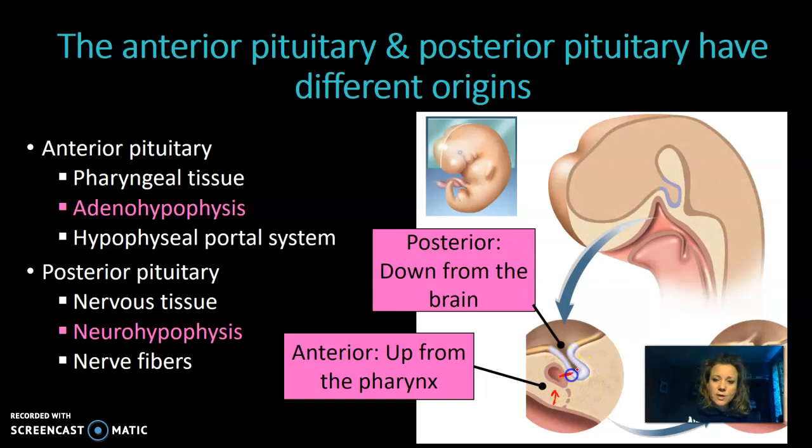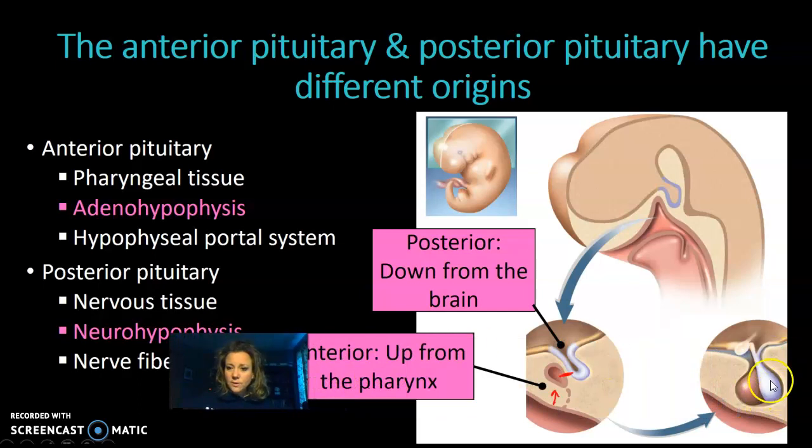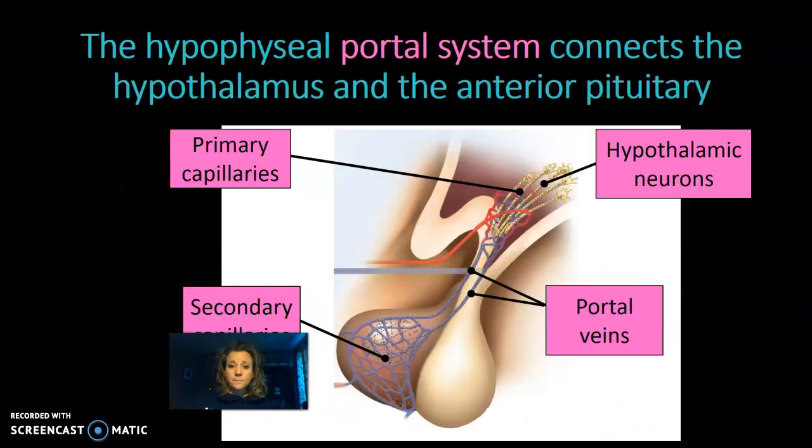These two are going to merge together to form what we know as the pituitary gland itself. So the posterior pituitary gland is made up of the same tissue as the hypothalamus.